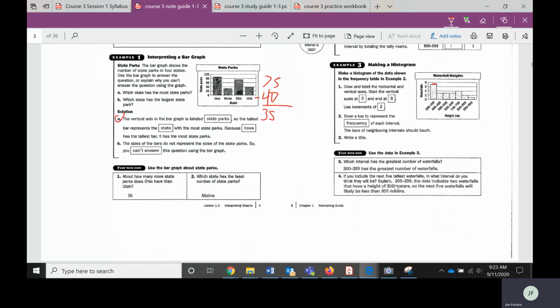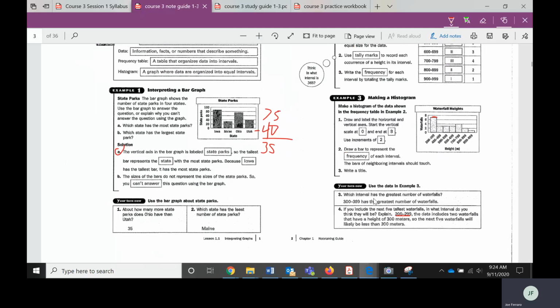So the next 5 would most likely be 200 to 299. Technically, we don't know that because there could be one under 200, but most likely there's going to be a lot more in the 200s, and that's probably where all 5 of them would be. But again, there's no exact answer, and they explain their logic.